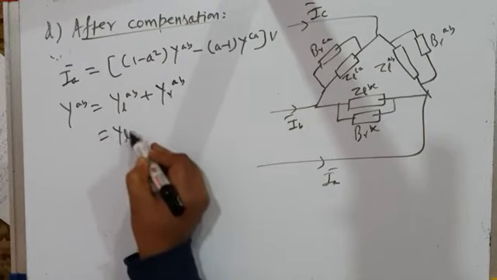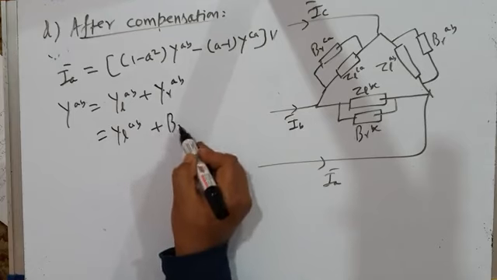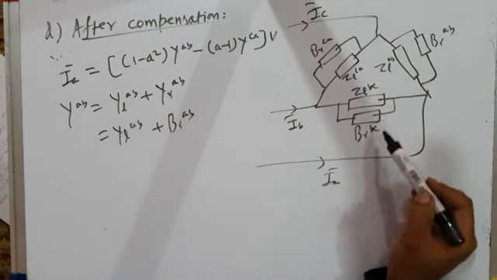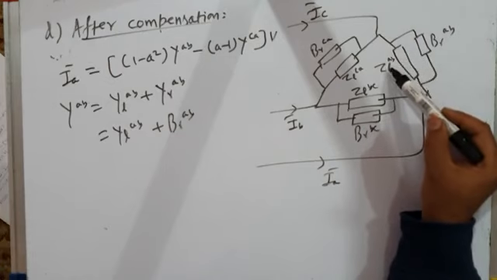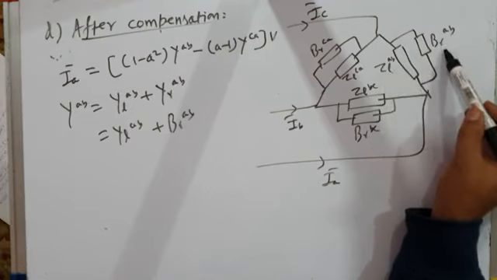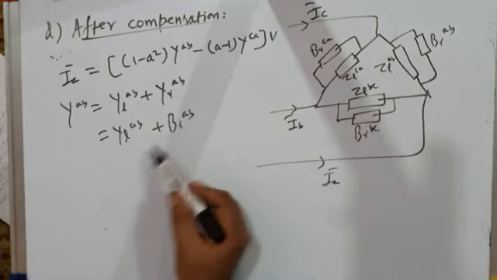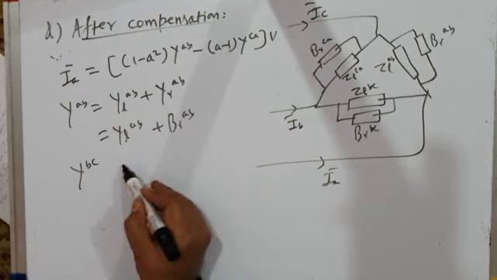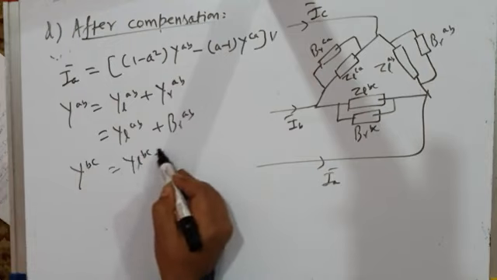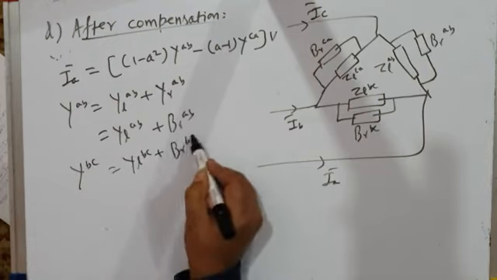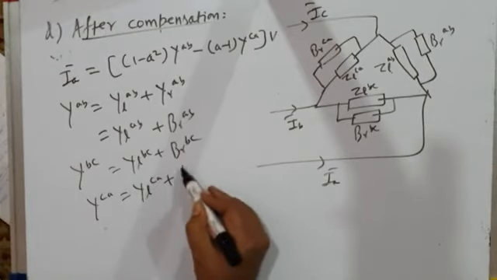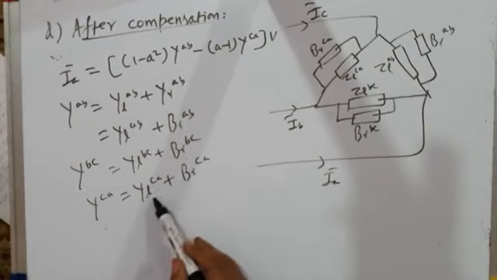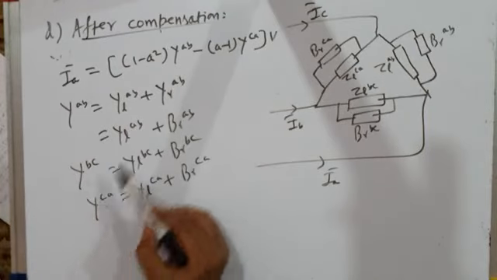That is equal to YLAB plus B gamma AB. YLAB is given to you in the problem. ये ZLAB दिया है, YLAB is 1 by ZLAB प्लस B gamma AB आपने निकाला है, तो ये कर लीजिए. Similarly you find YBC which is YLBC plus B gamma BC and find YCA which is YLCA plus B gamma CA.